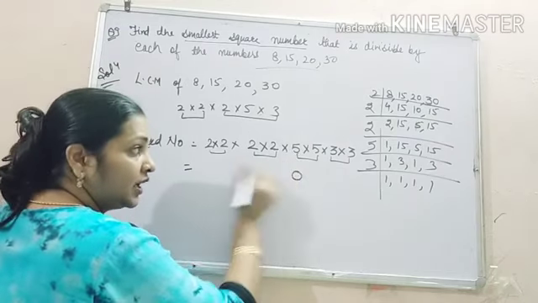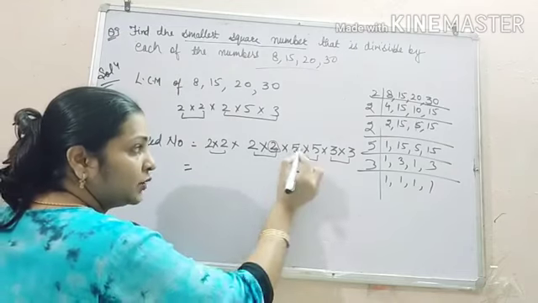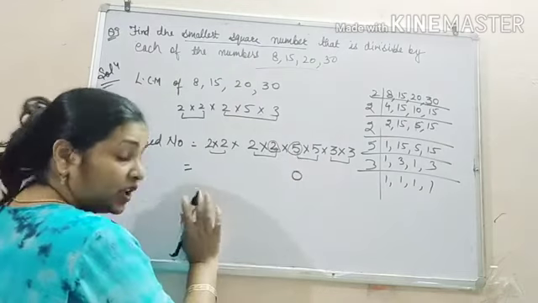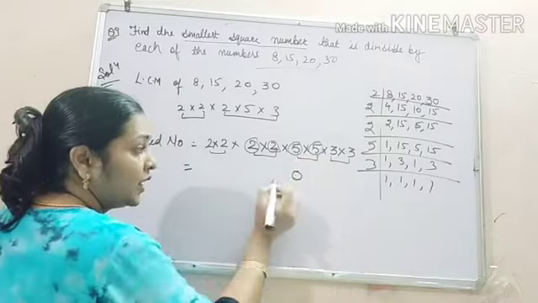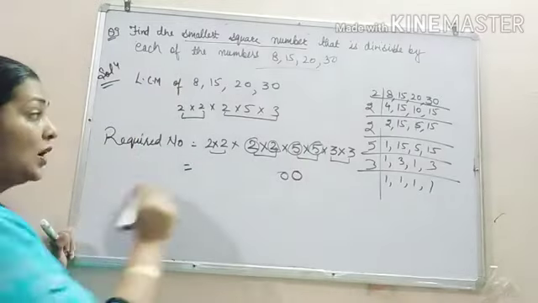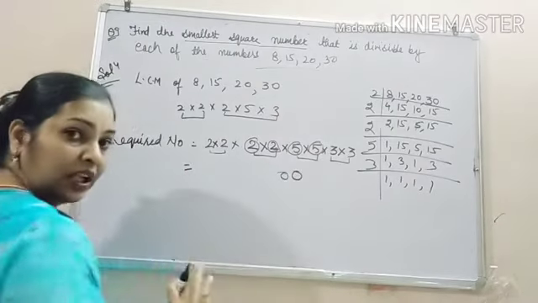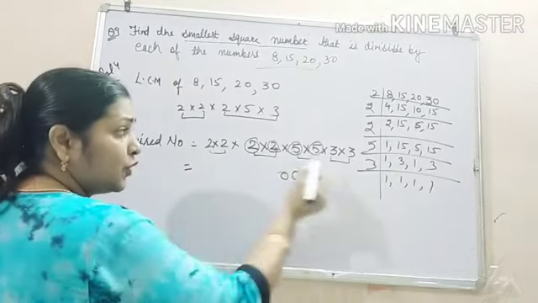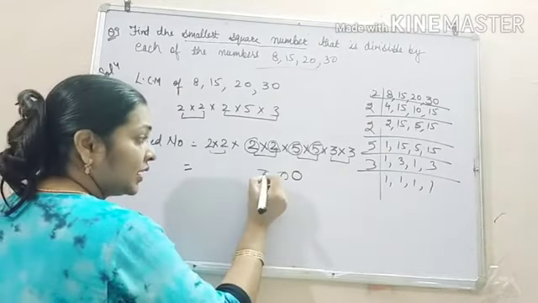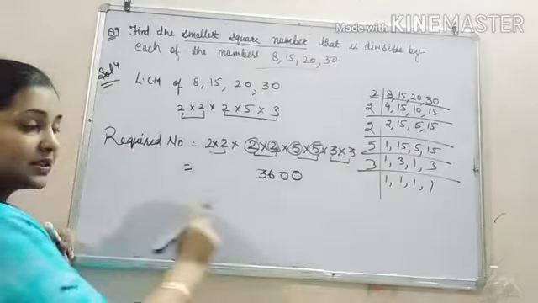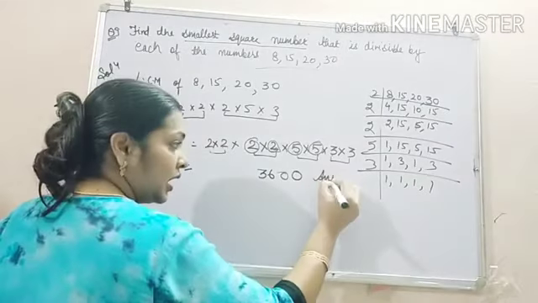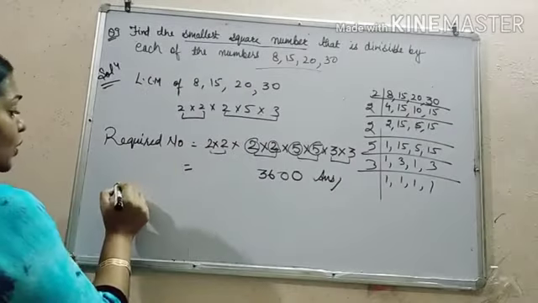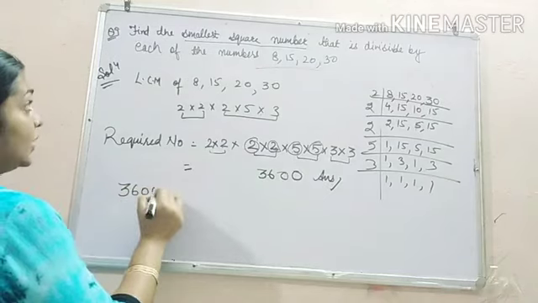So instead of multiplying all things, whenever you get 2 and 5, just put a 0 for it. One more 2 and 5, put one more 0. And multiply the rest of the factors. 2 2s are 4, 4 3s are 12, 12 3s are 36. So you get the answer as 3600.